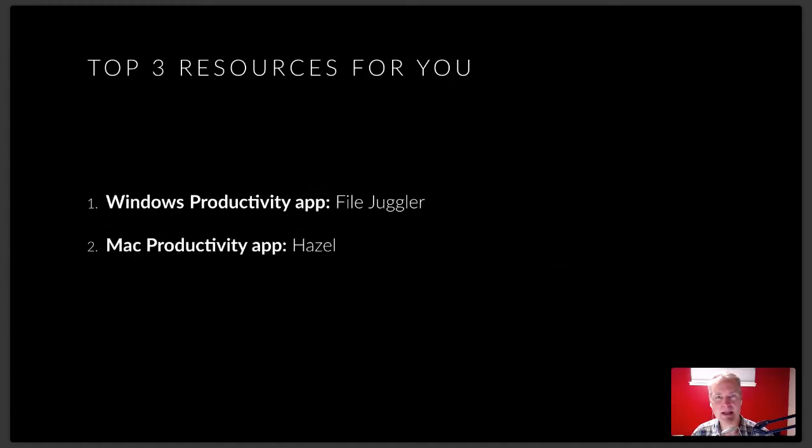And so Hazel is a very similar app. And again, we are going to be referencing that in the presentation today. And Hazel is a Mac app that does the same thing. You can create rules that watch a folder, and then you can rename, move files, take all sorts of different actions, really easy to use. And we're going to be talking about that today.